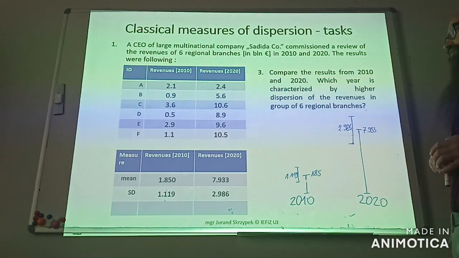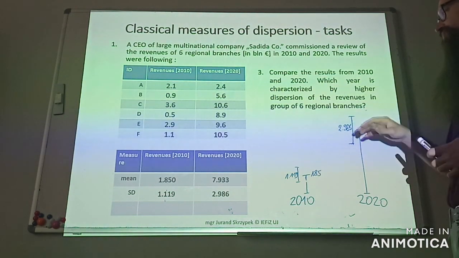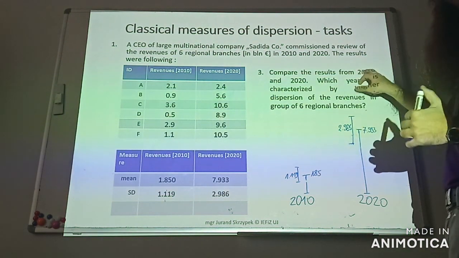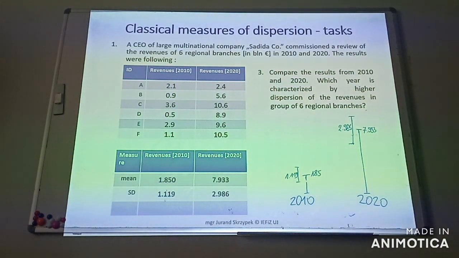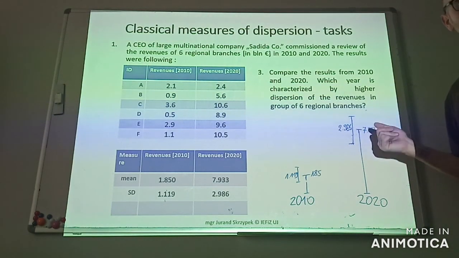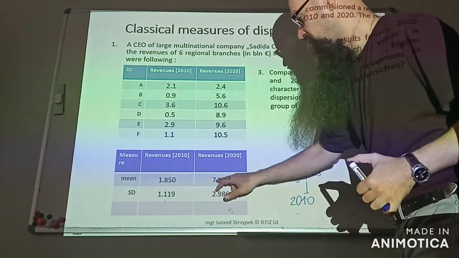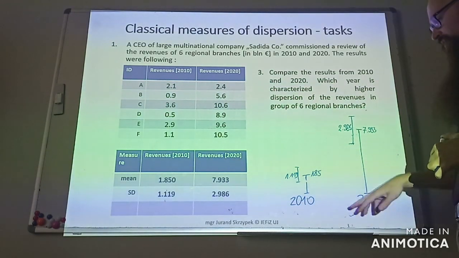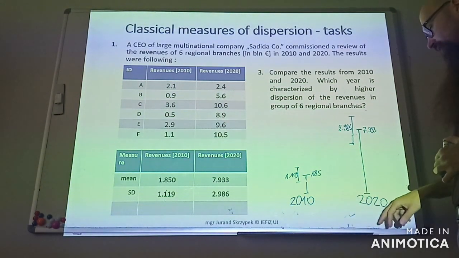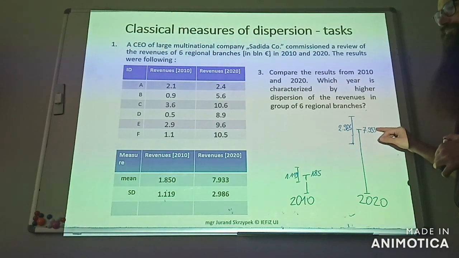All right, let's move on to the last command. Compare the results from 2010 and 2020. Which year, 2010 or 2020, is characterized by higher dispersion of the revenues in the group of 6 regional branches? What do we know? We know the typical levels of the considered phenomenon, the revenues, in 2010 and in 2020.